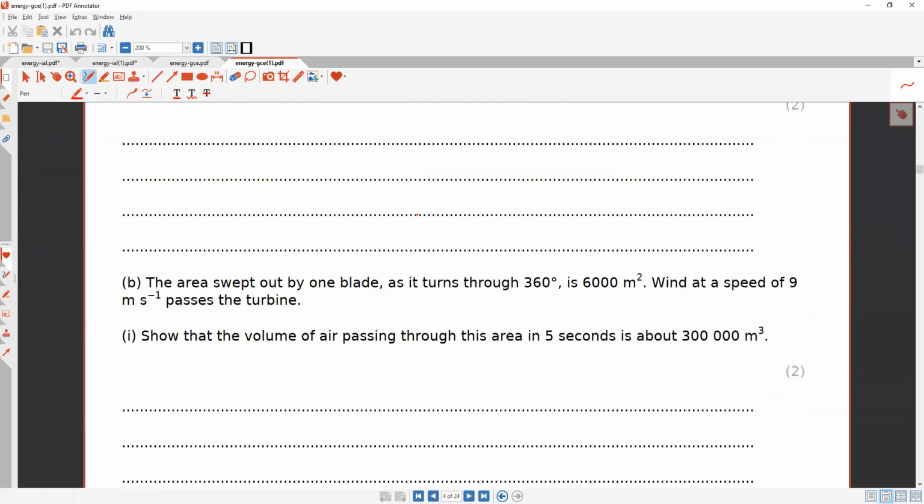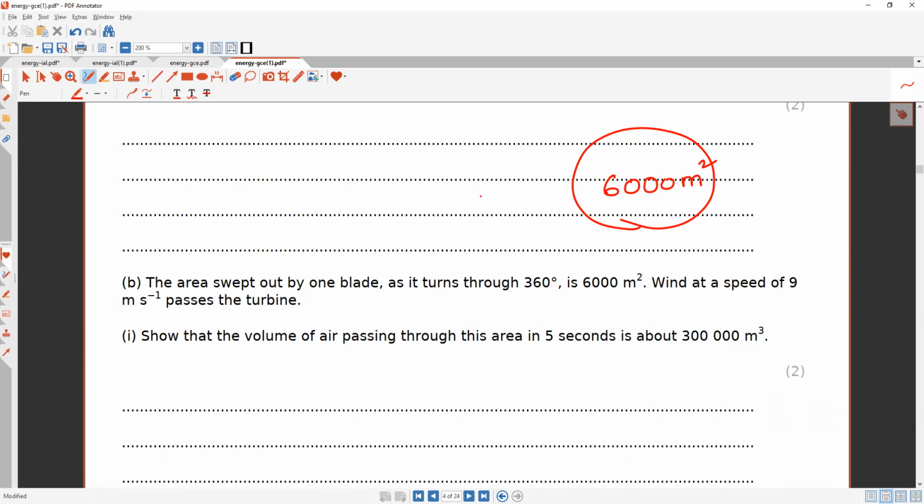The area swept out by one blade as it turns 360 degrees is around 6,000 meters square. Wind at a speed of 9 meters per second passes the turbine.